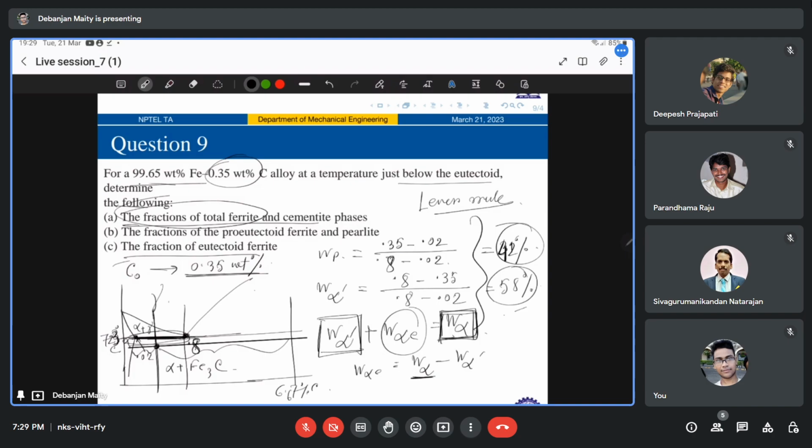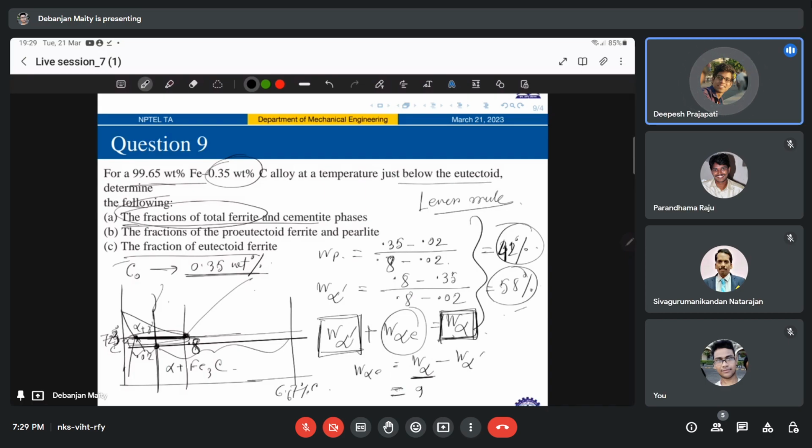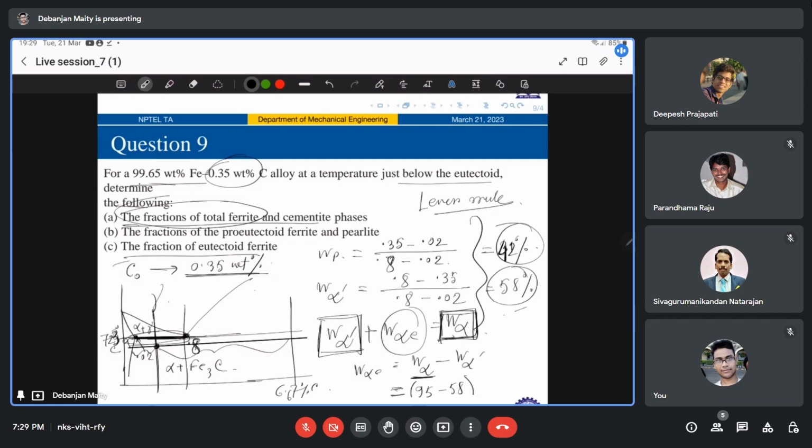W alpha, 95.04. Okay, so this is something like 95.58, 57%. I'm not going through the detail of this again, of the iron carbon phase diagram.